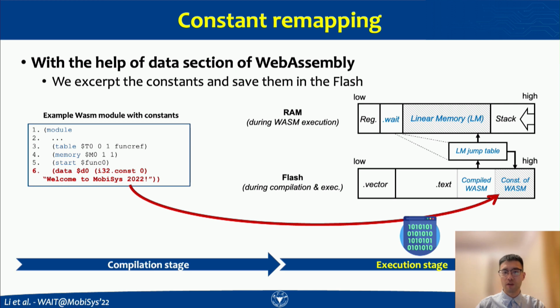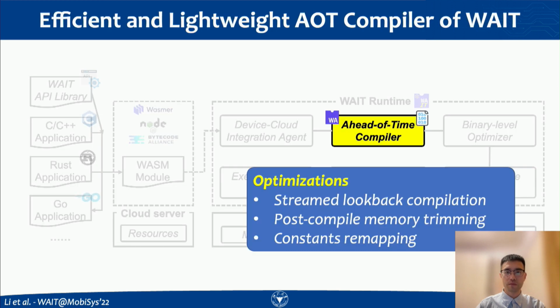The jump table is placed in the wait section and is available during the compilation and execution. This approach significantly reduces RAM usage, especially for complicated applications. Moreover, WAIT does not perform this remapping for all the applications because accessing the flash is much slower than RAM and will lead to performance degradation.